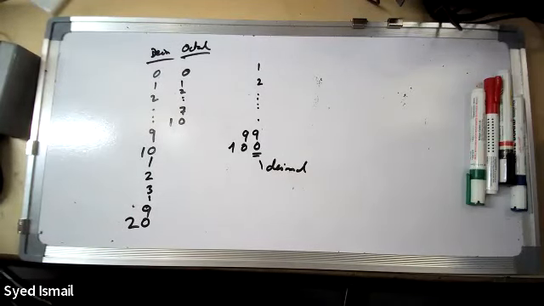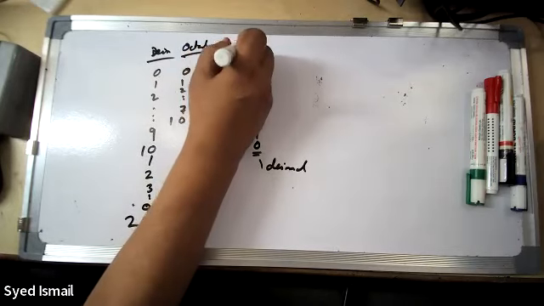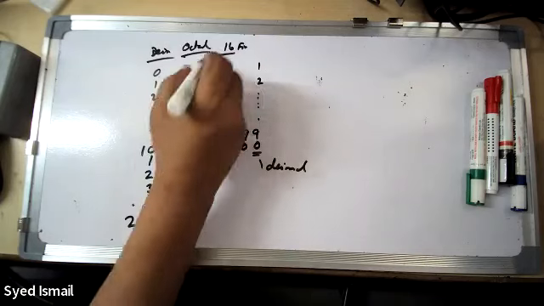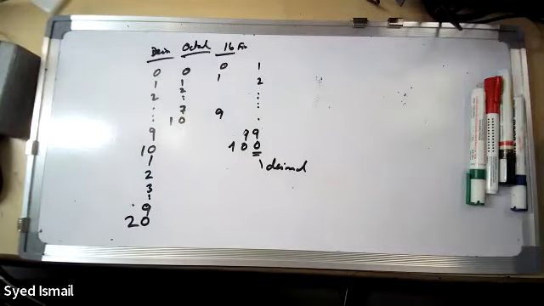The third one comes, assuming you have 16 fingers. If you have 16 fingers, you will count 0, 1 to 9. After 9, you don't have any numerals, neither Arabic numerals nor Devanagari script numerals, because human beings are used to the decimal system.